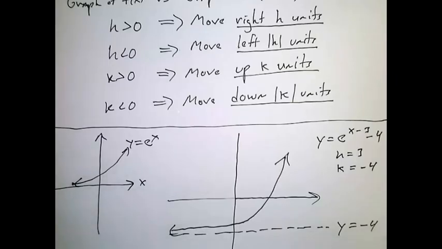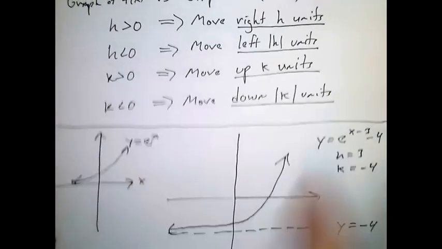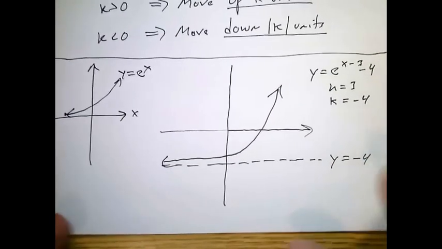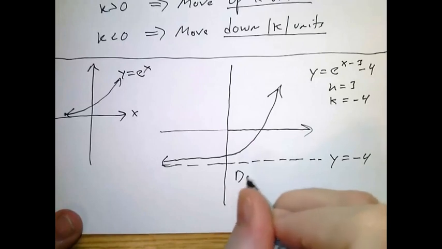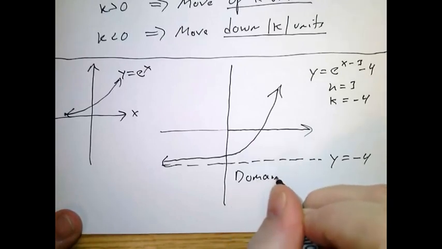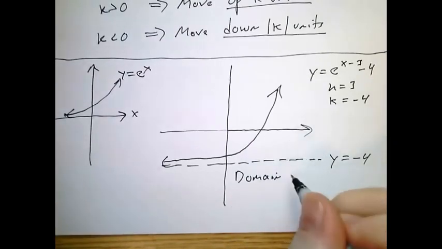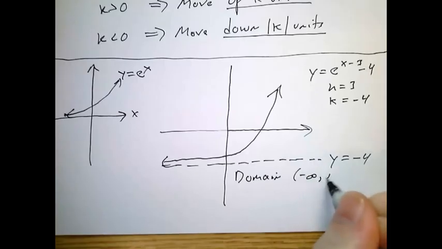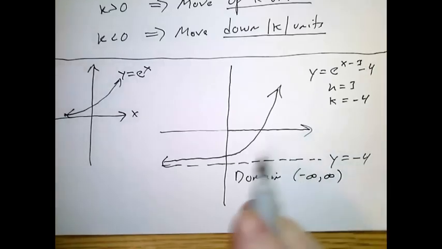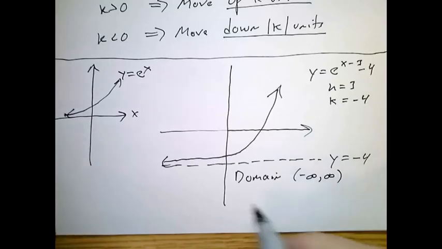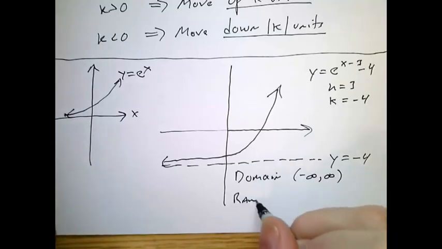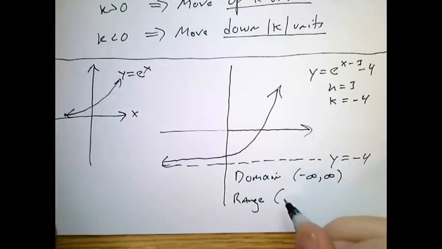What about the domain and range here? Well, the domain here is going to be still all real numbers, right? Because I just have the same x values. But my range here has changed to, well, I almost hit negative 4, but not quite.